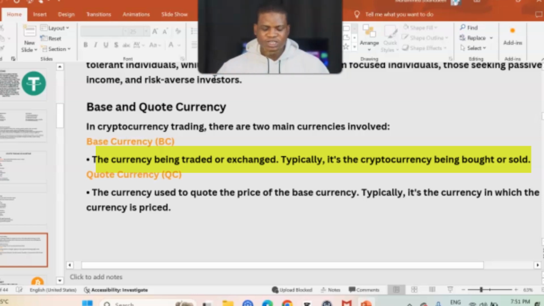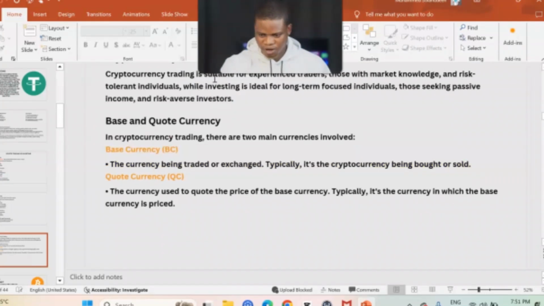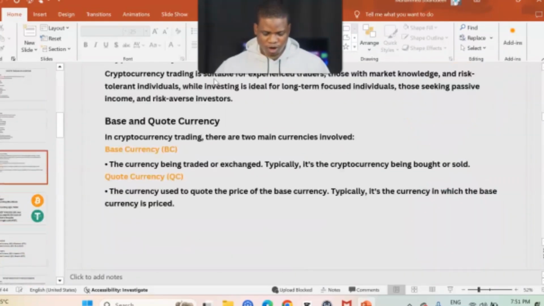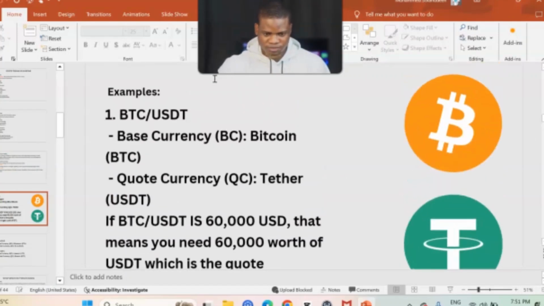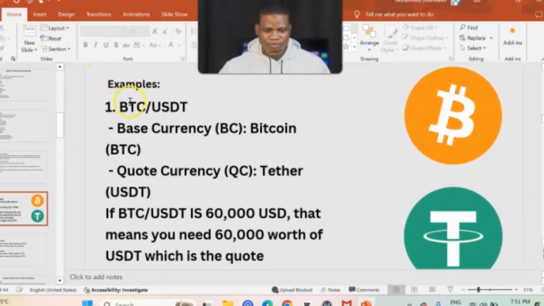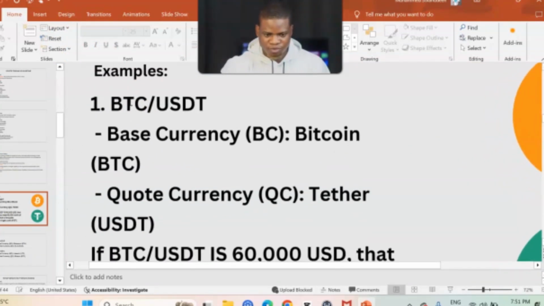The base currency is the currency that is being exchanged. Typically, it is the cryptocurrency being bought or sold, right? The quote currency is used to quote the price of the base currency. So now let's talk more about the concept of base and quote currency. Let's say you have BTC/USDT, for example.